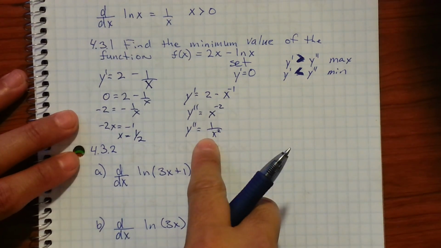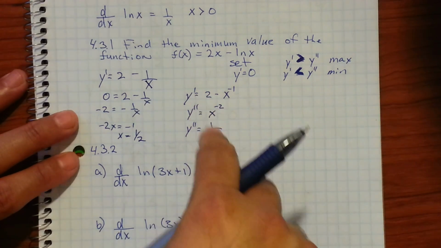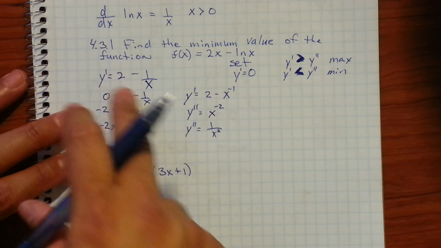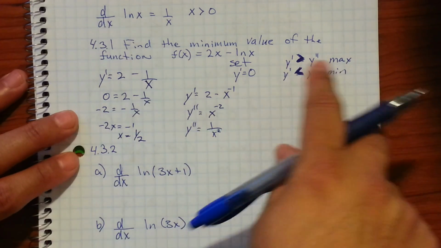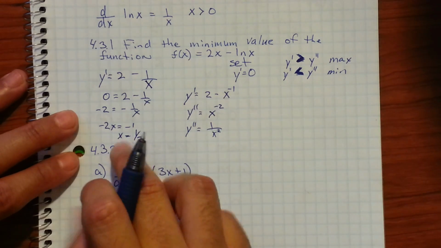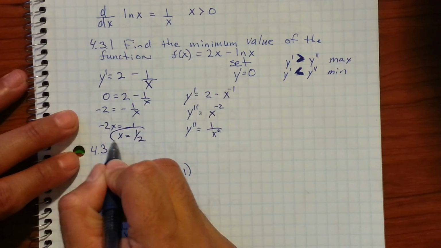Now I need to check this. So I have my first derivative and I have my second derivative. So here's first, here's second. So I need to compare those two, see if I'm going to have a minimum or maximum on this one. So minimum value, here's my critical point, here's my x value at my critical point.